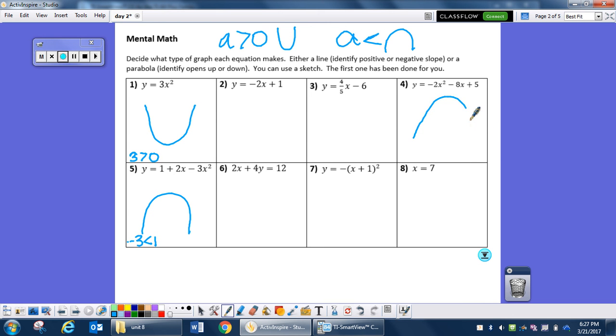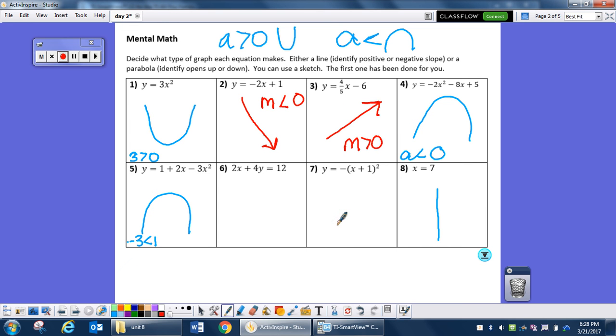Here's one. A is negative, so a is less than 0, so it would be downward. X equals 7 is a nice vertical line. And then these are not parabolas because they don't have a degree of 2. This one has a negative slope, so it goes downward because m is less than 0. M stands for slope. This one has a positive slope. M is greater than 0.